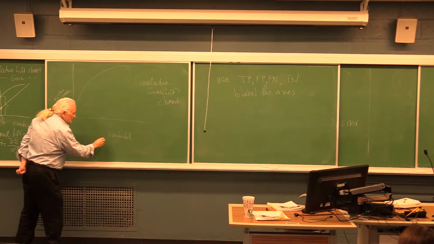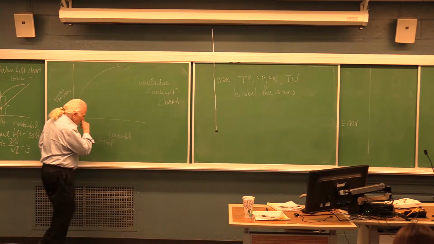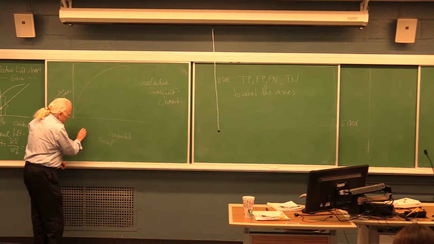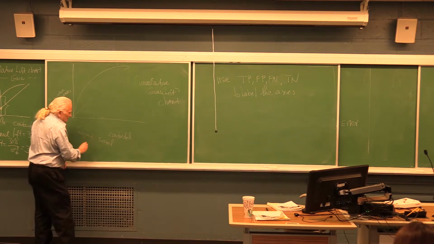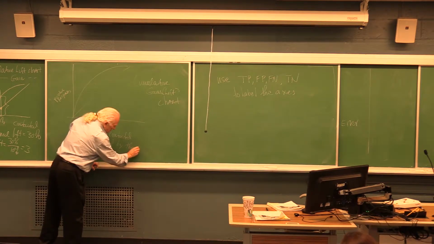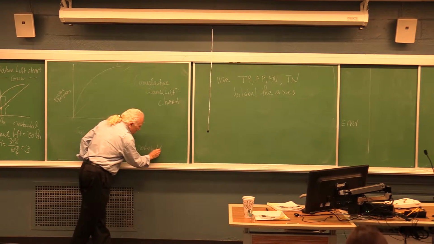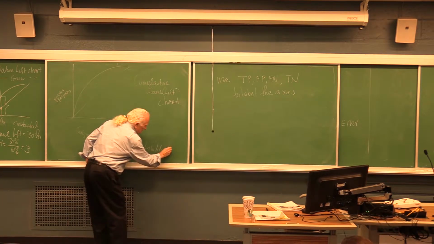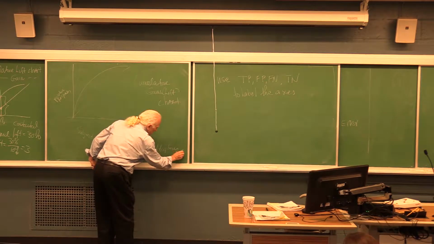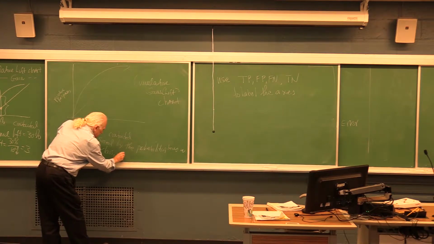So these are sorted, these are subjects, right? They could be people, whatever, sorted by the probability of being in class 1 in decreasing order.